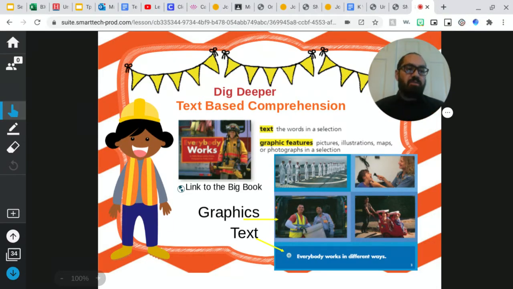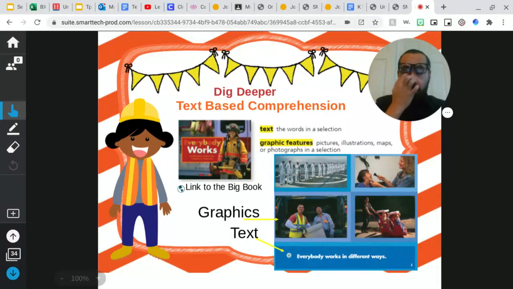The text is always the words in a selection, and the graphic features are pictures, illustrations, maps, or in this case, photographs. The text of a book is obviously the words, and we're going to look at some of the words, and also at how the pictures provide information and help enhance and make the words even better.